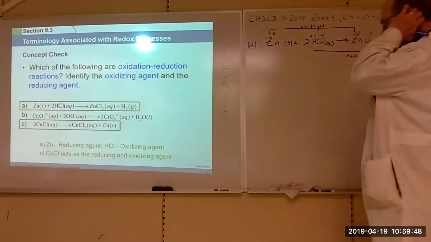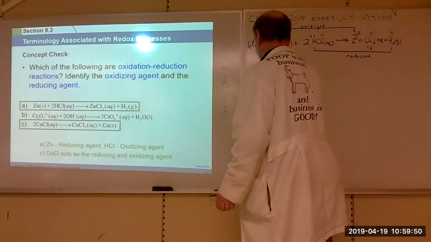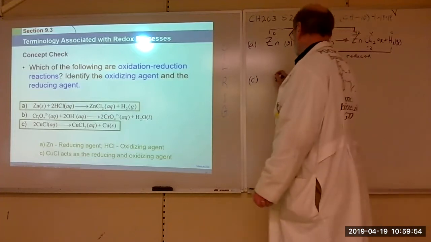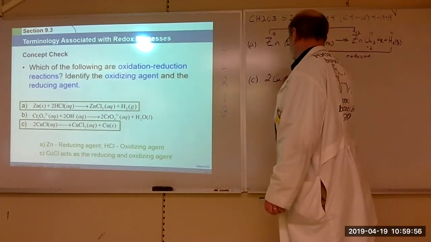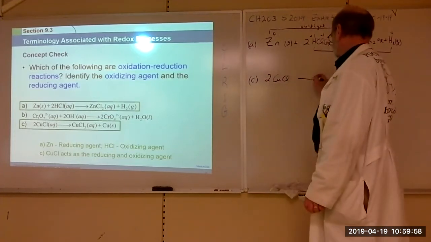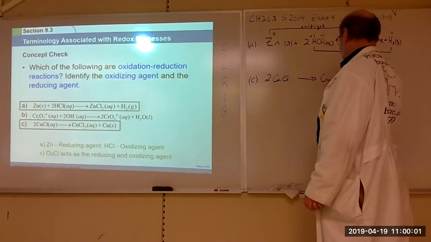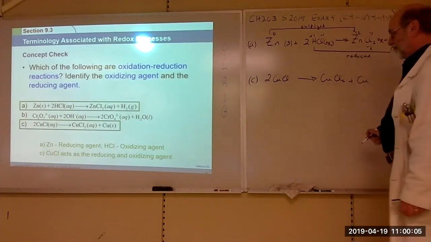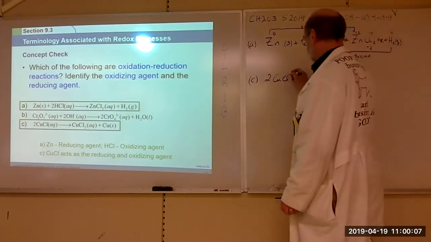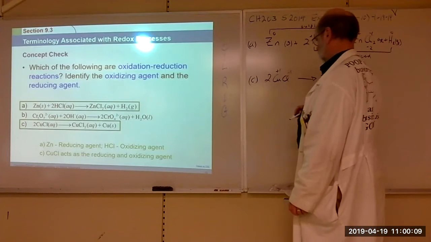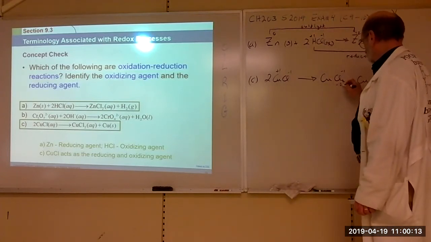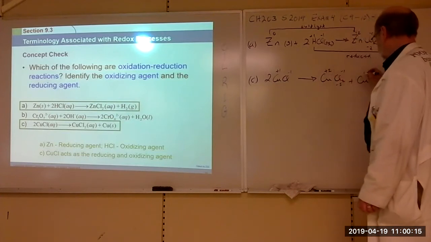Oh, let's do this one. This is a funny one. Notice that copper ends up in 2 different places. If copper is +1 here, then over here it's +2, and over here it's 0.